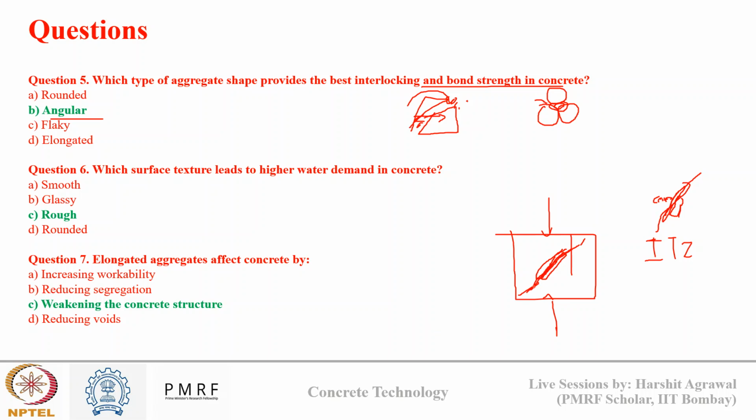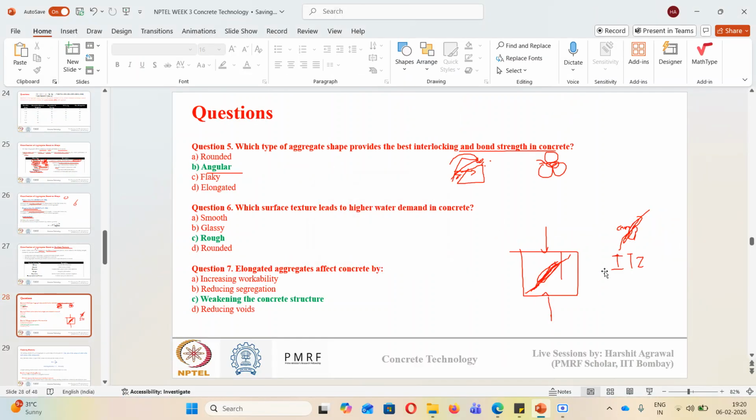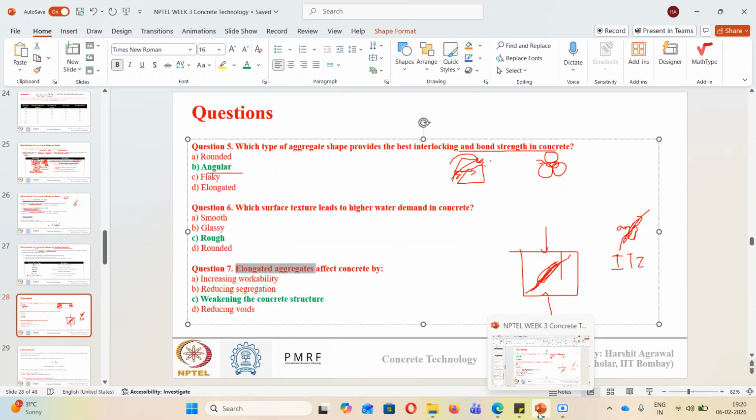Cracks will easily grow along the surface of elongated aggregates as it is smooth and giving a clear path for crack propagation. Once we talk about aggregate ITZ and how ITZ affects the strength of concrete, it will be clearer to you about elongated aggregates.